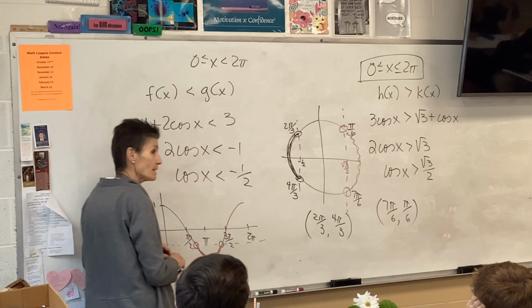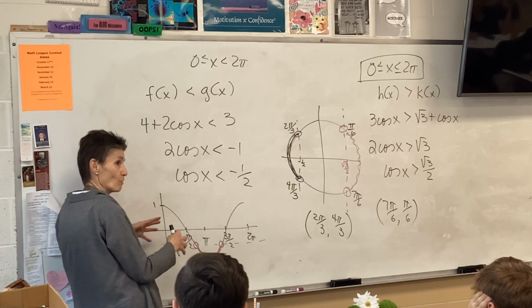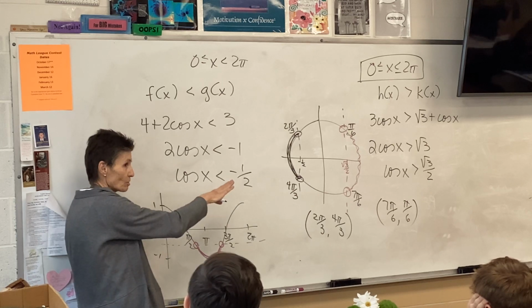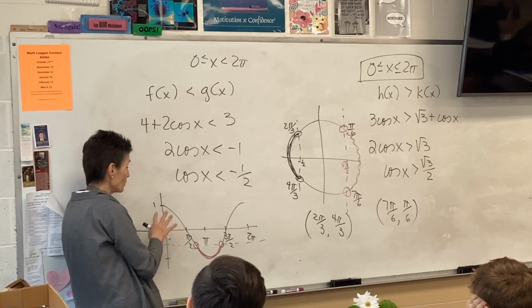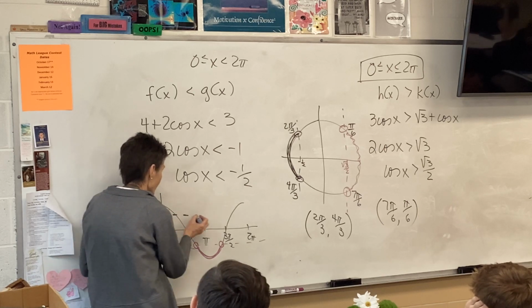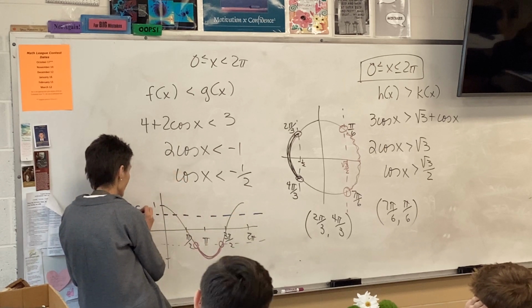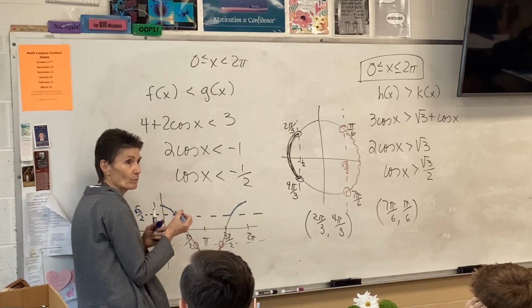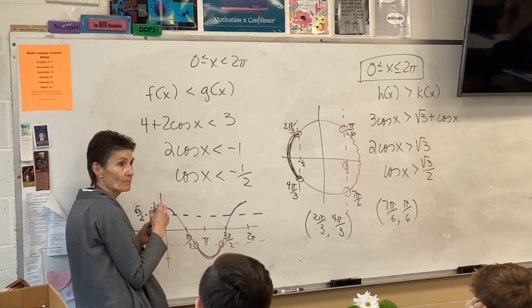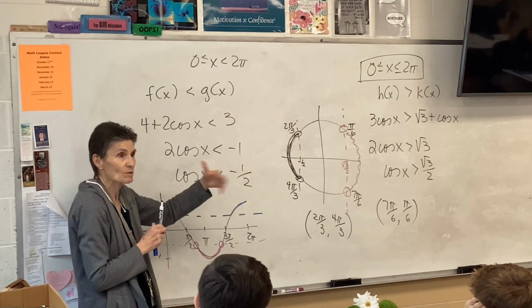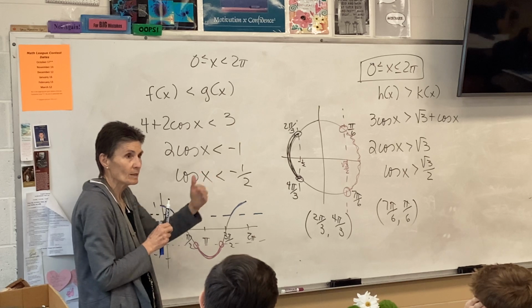Now, if I'm using my trusty curve, the answer makes more sense. You can get the answer from there and it's fine. But if you use your curve, here is where the cosine is root 3 over 2. Here is where it is bigger than root 3 over 2. On the circle, those two parts are connected, and that's what makes it a little confusing.